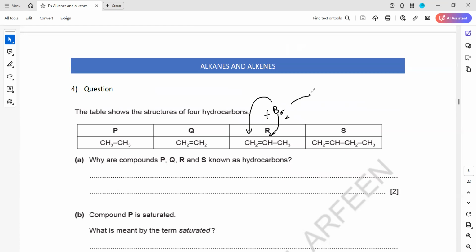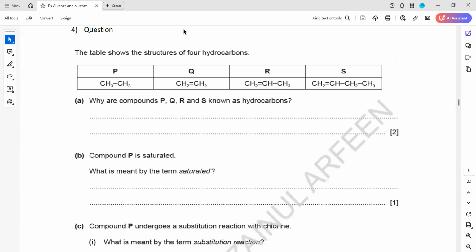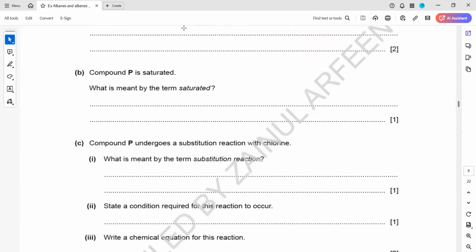So as a result, the product will be CH2Br, then CHBr, and then we have CH3. So always remember, whenever any alkene reacts with bromine, the double bond will turn into a single bond and each carbon which had the double bond will have a bromine atom attached.